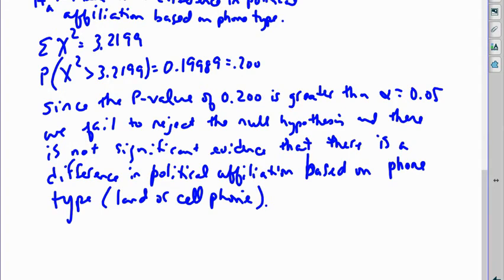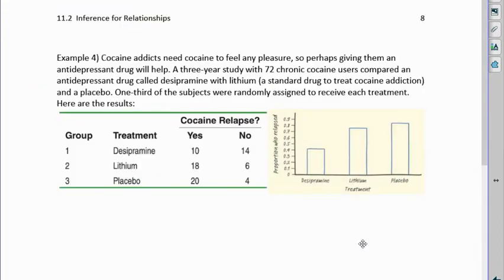And one more example, if you're interested in watching it, one more example where we have an experiment. So that helps us with our independence condition. Last example. Okay, we've got cocaine addicts, and they take these 72 cocaine users and they split them up and they give them a treatment.